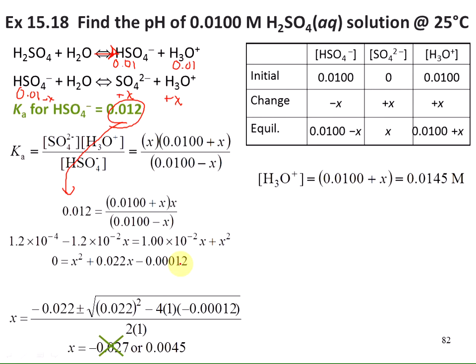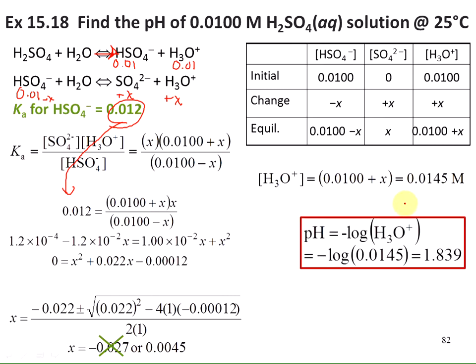Now, if I want to find my H3O plus concentration, we found what our x was. So I do 0.01 plus x, and I get an H3O plus concentration of 0.0145. So I'm getting close. They want to know the pH, and I found the hydronium ion concentration. If I take the negative log of the hydronium concentration, I get a pH value of 1.839.